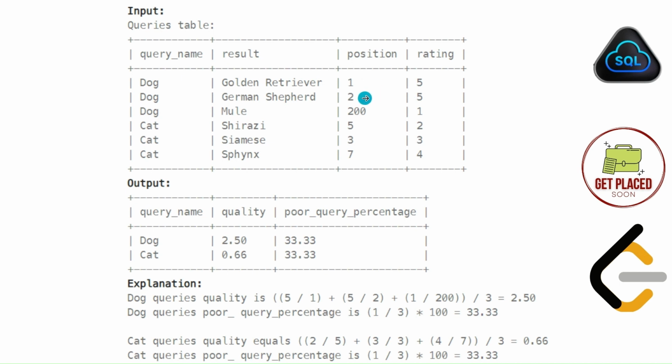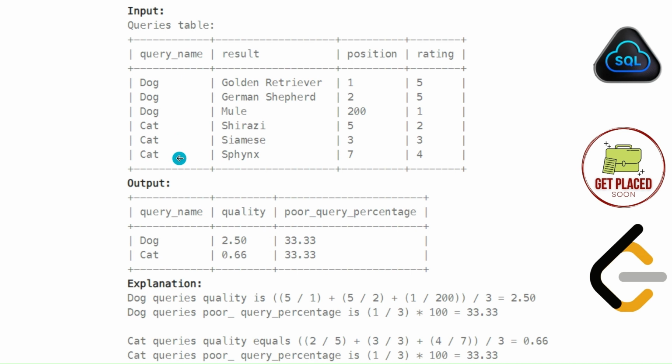For this entry, 5 divided by 2. For this entry, 1 divided by 200. We want to find the average of the ratios, right? So, 5 divided by 1 plus 5 divided by 2 plus 1 divided by 200, divided by the total number of entries, that is 3. That gives 2.50. That's how we find the quality.